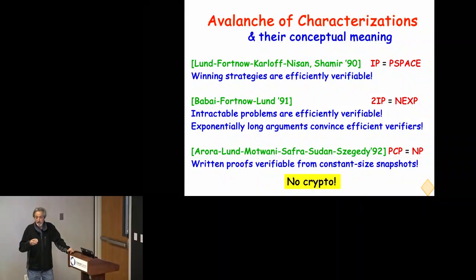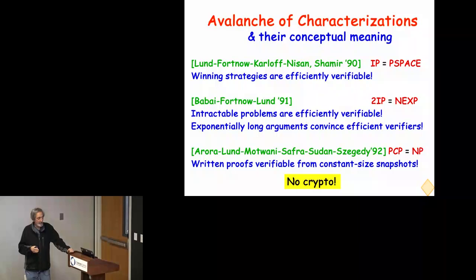It turns out that these upper bounds were sharp, namely, you can have a single-prover interactive proof for every problem in polynomial space. You can have a two-prover interactive proof for every problem in non-deterministic exponential time.